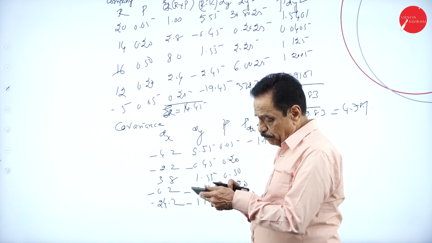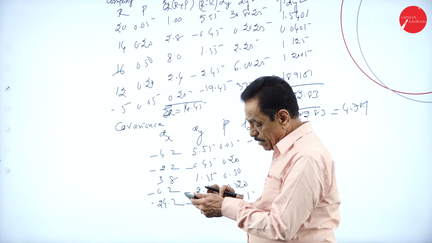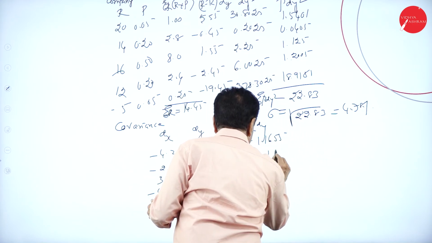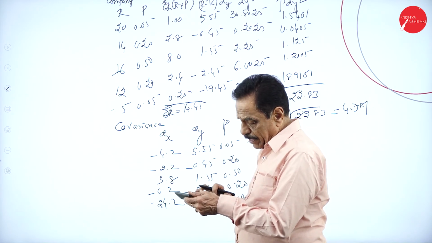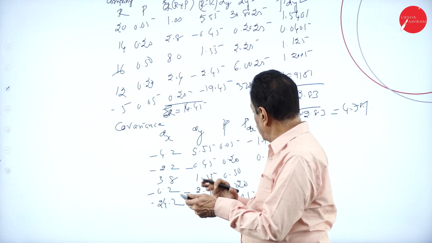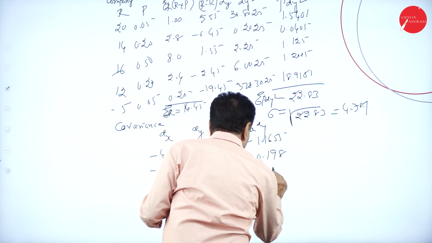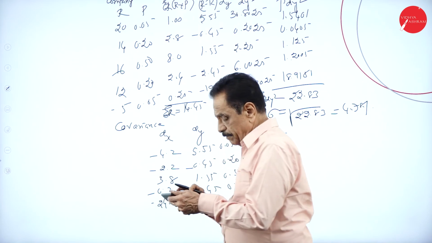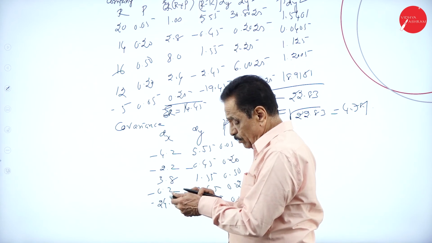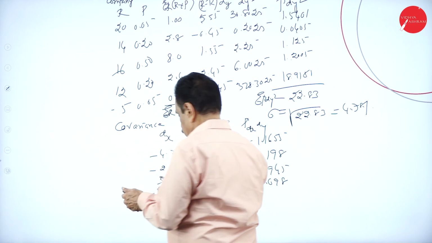Then 2.2 into 0.45 into 0.20, 0.198. Then 3.8 into 1.55 into 0.50, 2.945. Then 0.2 into 2.45 into 0.20, 0.098.